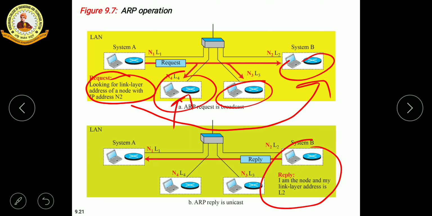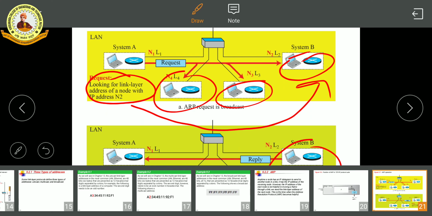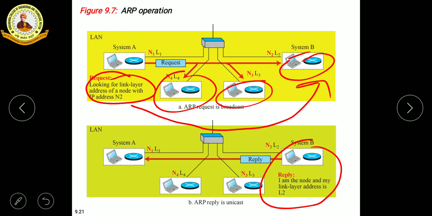whether the IP address of this system is N2. No, this is N4, so it discards. Coming to the next one, is it N2? No, it is N3, so this is also discarded. This one also discards the request. Whereas coming to system B, system B recognizes that its IP address is N2 and the request is made for this system only.